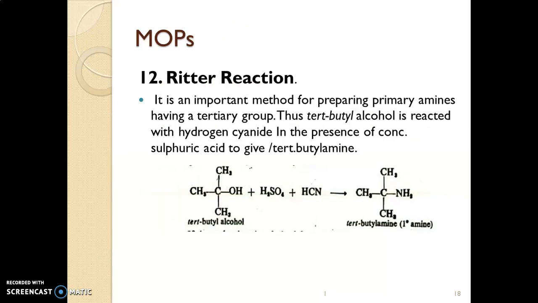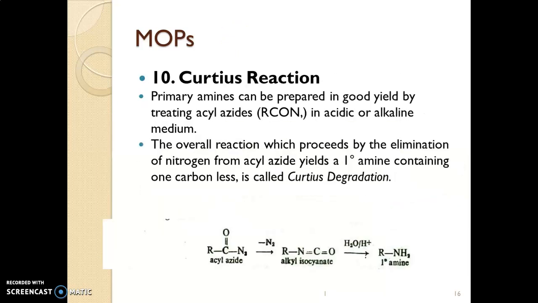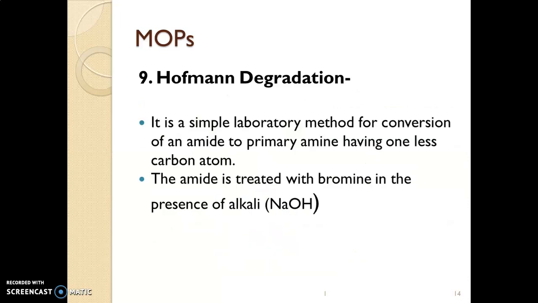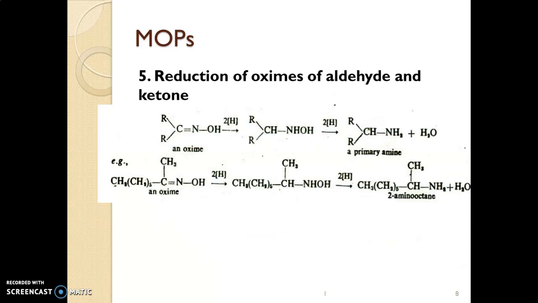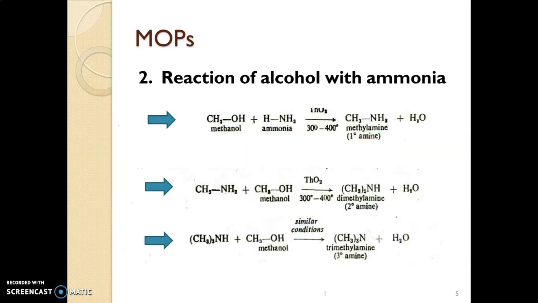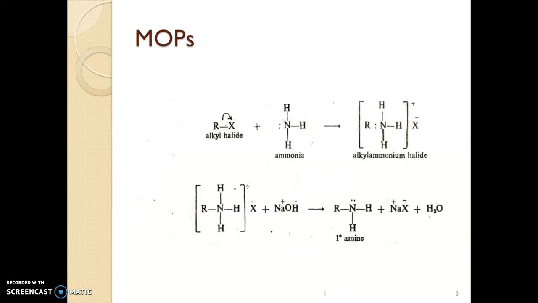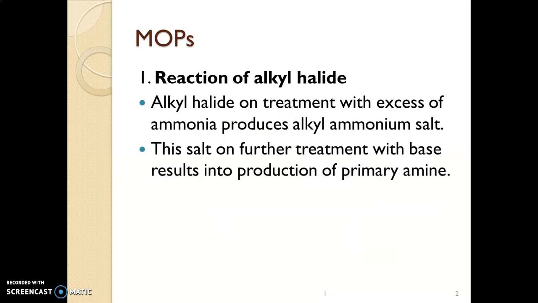Okay, so our only remaining point is the basicity of amine and then structure and uses of the various compounds. Okay, so let's take a brief review of all the methods.